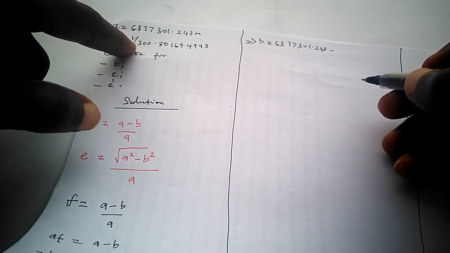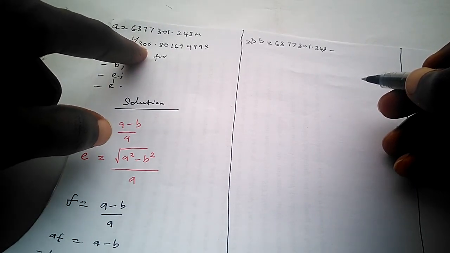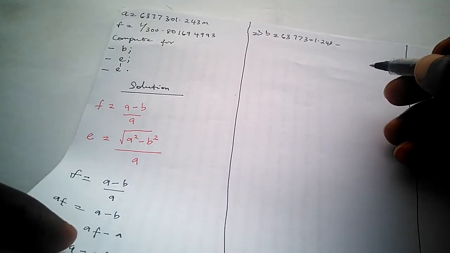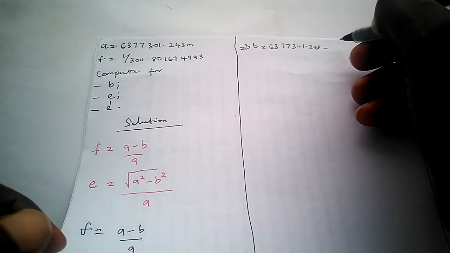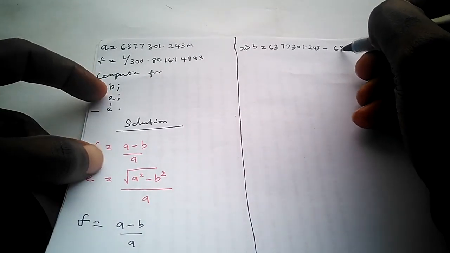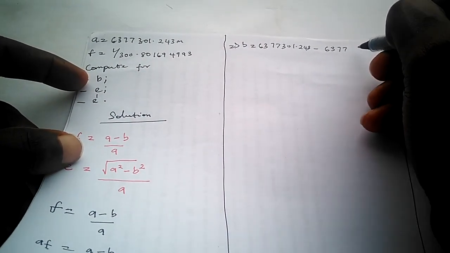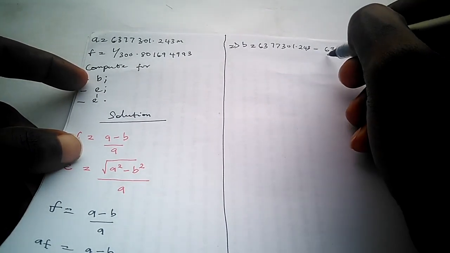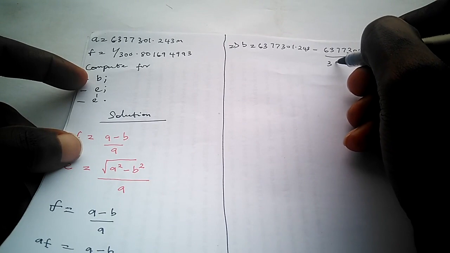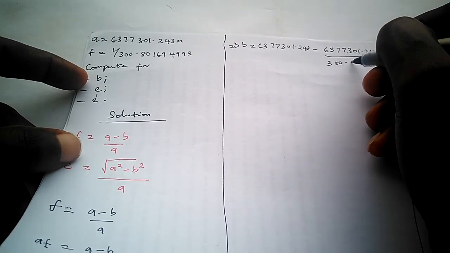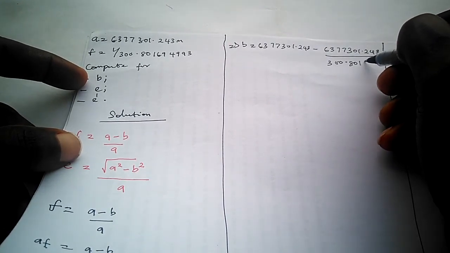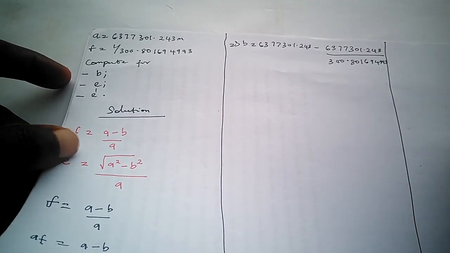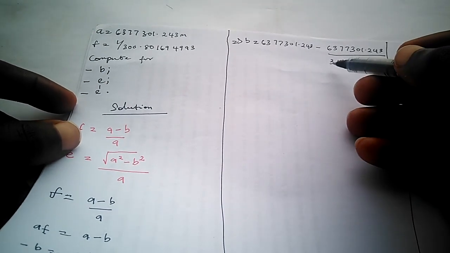By the time you multiply A by this F, you find out that the numerator for the product AF will be something like 6377301.243 divided by 300.80169499.3. So this is what we are going to get.